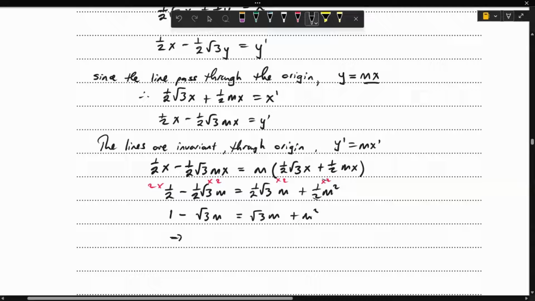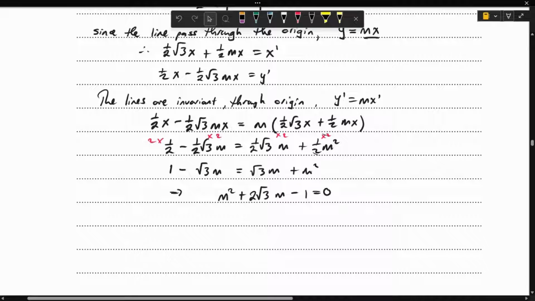If we rearrange, we'll be having m squared plus 2 root 3 of m minus 1 equal to 0. If we solve this equation, I'll use my calculator, we will get the values of m coming out as 2 minus root 3 and minus 2 minus root 3. So these are the two possible values of m.